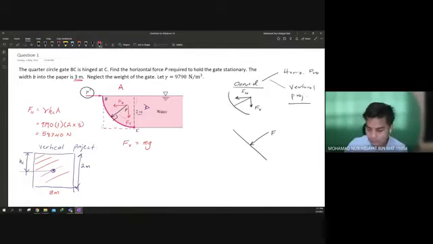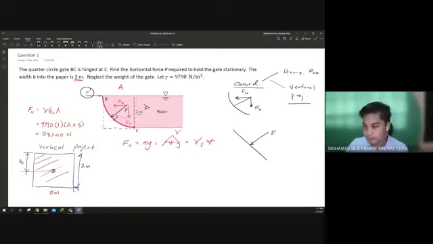So we know that the mass is rho multiplied with volume multiplied with gravity. So rho with the gravity we call as gamma. Volume is volume. So we can simplify: gamma of fluid multiplied with volume. Okay?